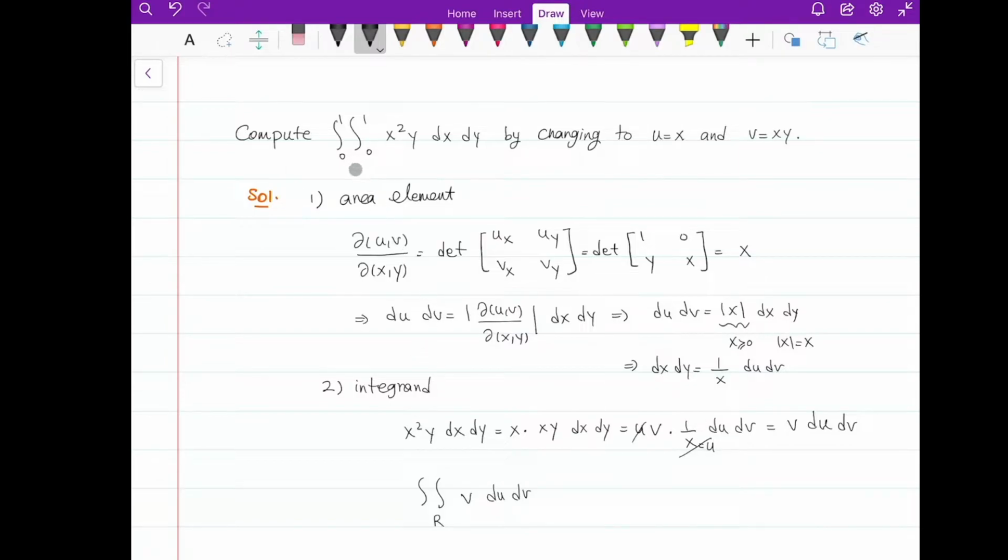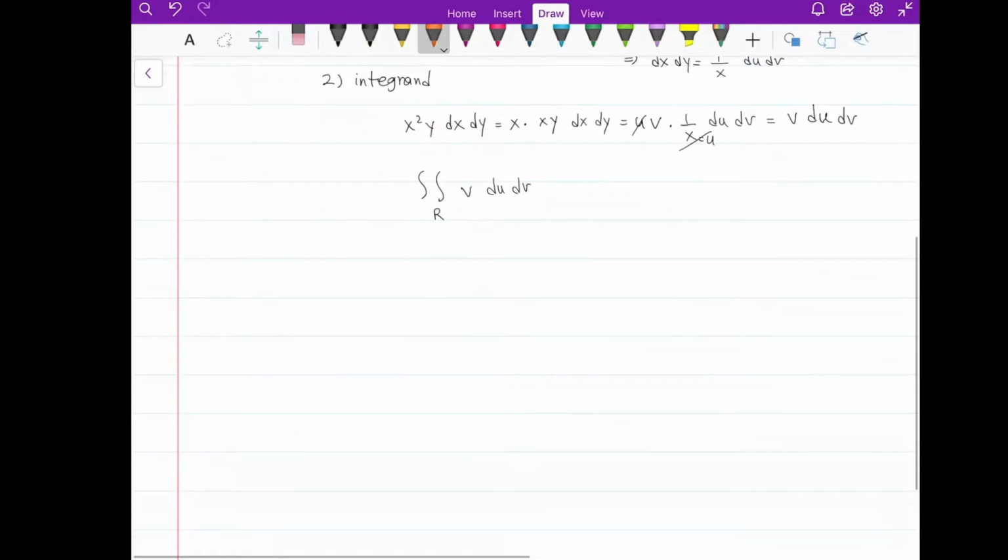Now let's see what's going to happen to the region R. The region R here is what? Let me graph it. So this is x, this is y. x is from 0 to 1, y is from 0 to 1, so it's a square. The third step is to find the bounds in the uv coordinates, the uv plane.